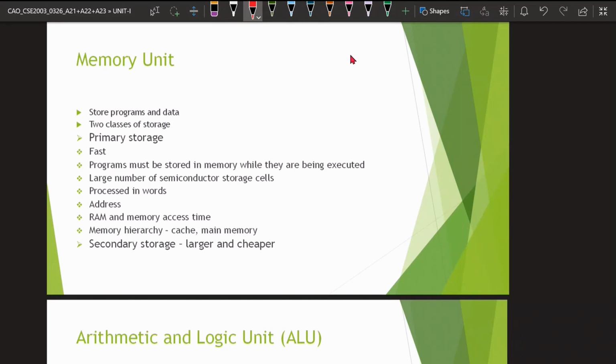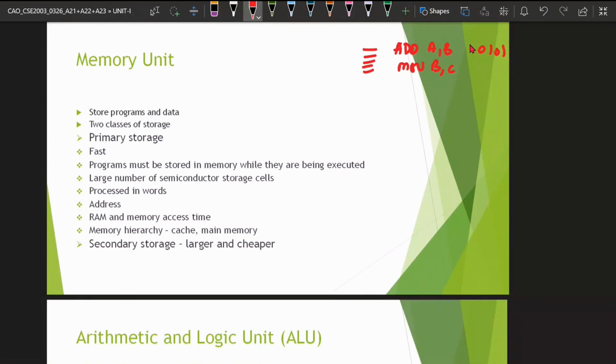Even if I told you that some instruction is written, and it will be written in terms of mnemonics, like add a comma b, or move b comma c, into the memory it will be written in terms of zeros and ones.